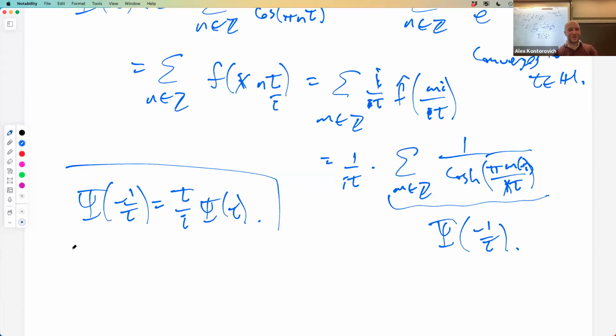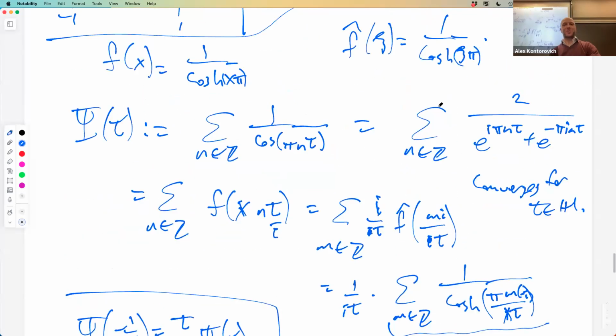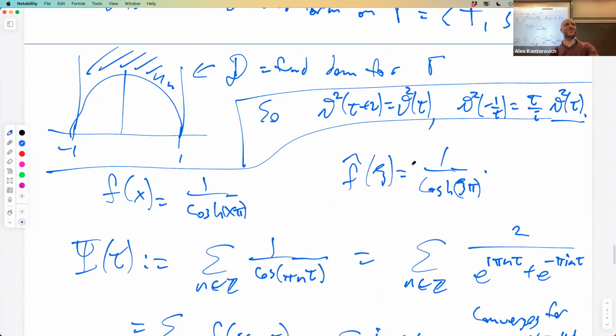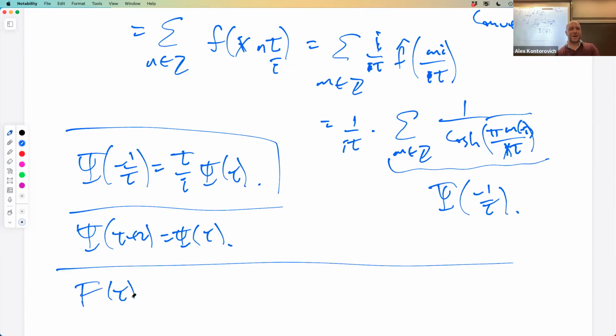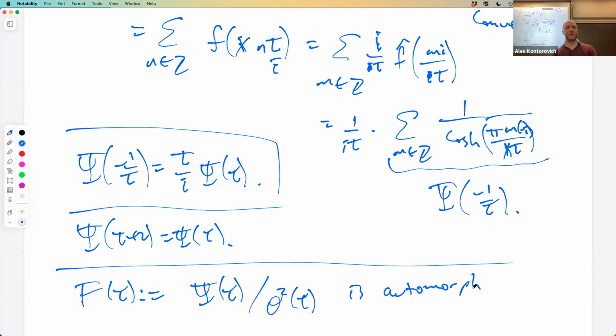Okay. We get this transformation law for psi. And psi is also invariant under tau goes to tau plus 2. So it has the same transformation law as the theta function. And it turns out, in the interest of time, that the function capital F of tau, defined as psi of tau divided by theta squared of tau, is automorphic, is invariant under this group action, is holomorphic, which is a modular form of weight 0.